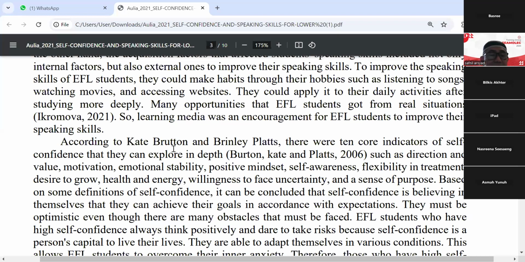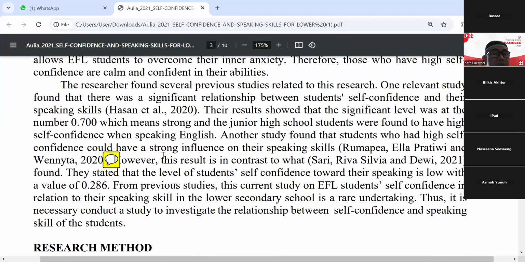This is opinion, about what they think. Just a statement or opinion, not studies. Compared to this, the research found several previous studies. One relevant study found that there was a significant relationship between students and their speaking skill. So this is a study. This is a research result. This is what we need.